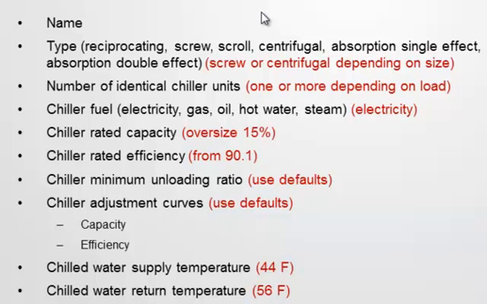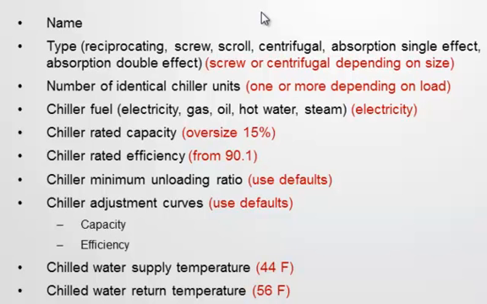There's a table in COMNET, which is also the same table from 90.1, which indicates the number and type of chillers based on the load. So if it's less than or equal to 300 tons, it's 1 screw.